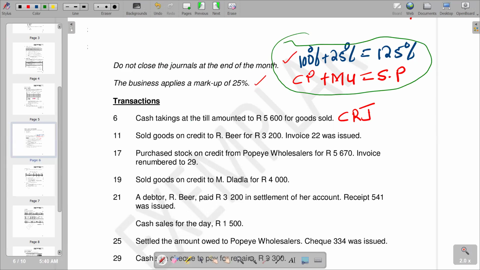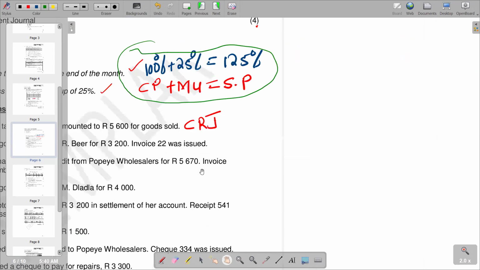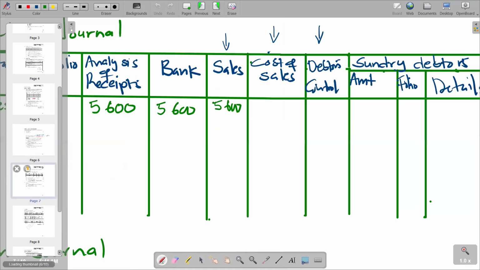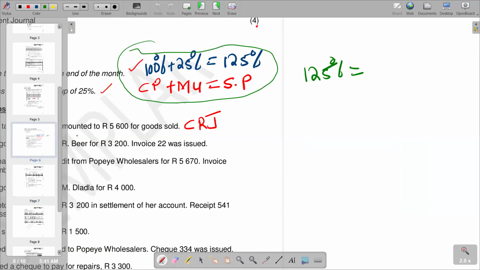Basically, we are going to make a simple proportion whereby the figure that we are given is for sales, and sales in this question represents 125%, is equal to 5,600. Then the total of sales is 100%, which is our cost of sales, our cost price.